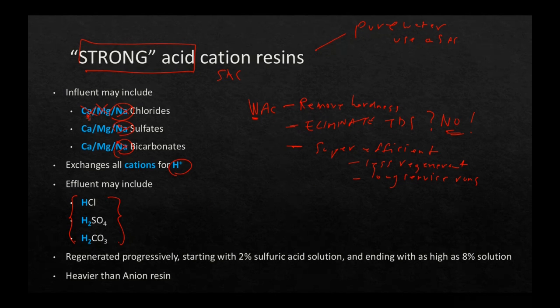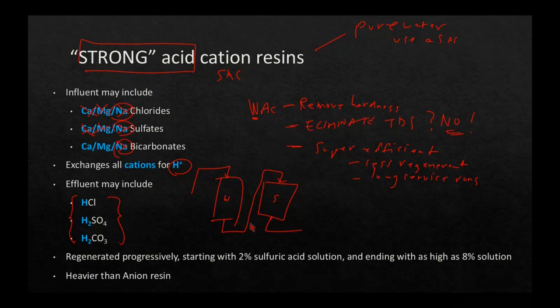Now, because it does remove calcium and magnesium, sometimes what we do is we put a WAC in front of a SAC. And so first of all, it goes through the WAC, and the WAC is going to get rid of the calcium, and it's going to get rid of the magnesium. And then all the SAC has to do is get rid of any of the other ions.